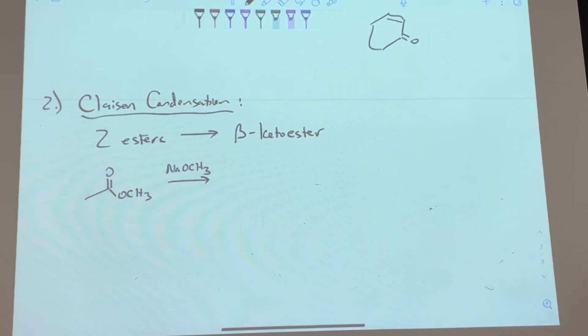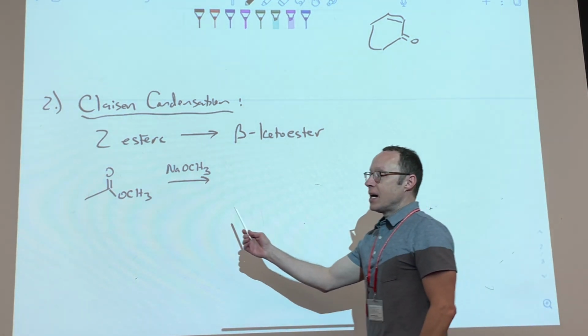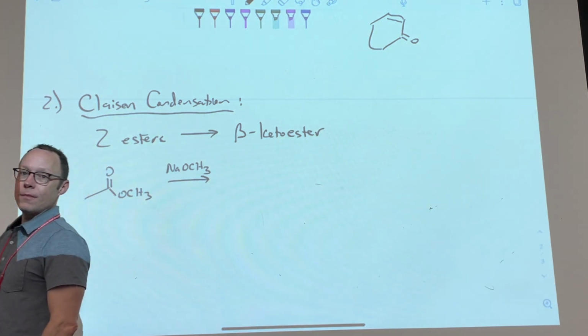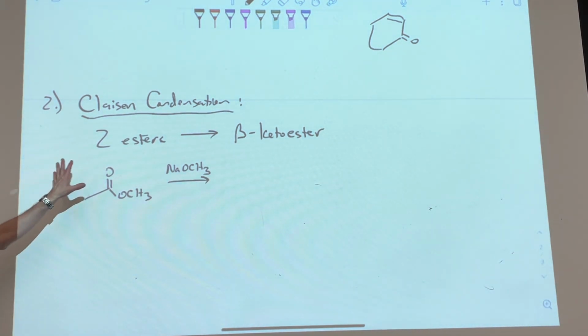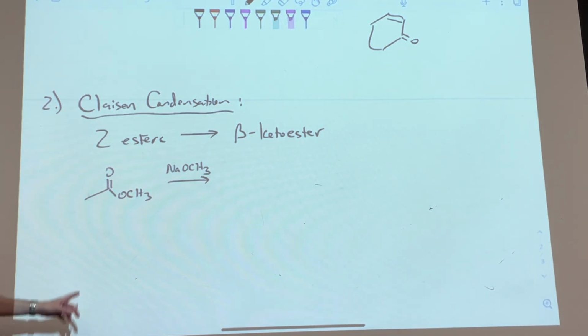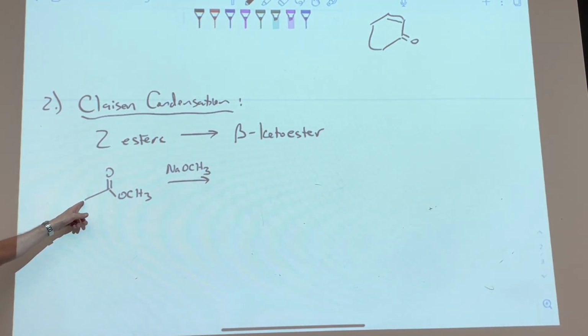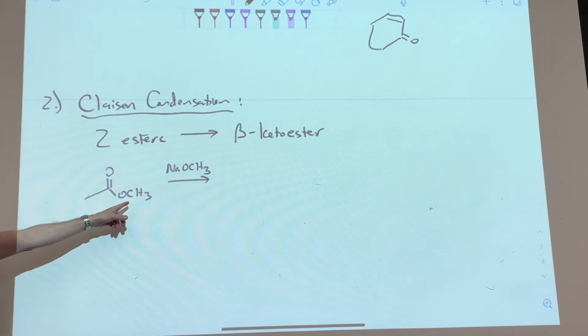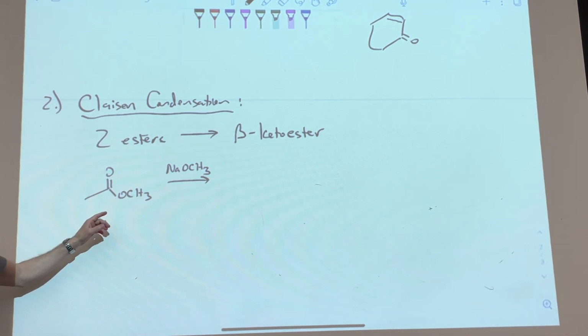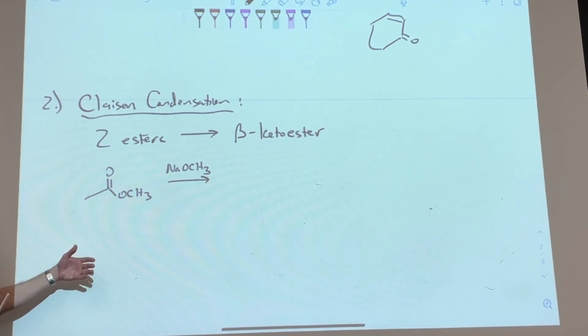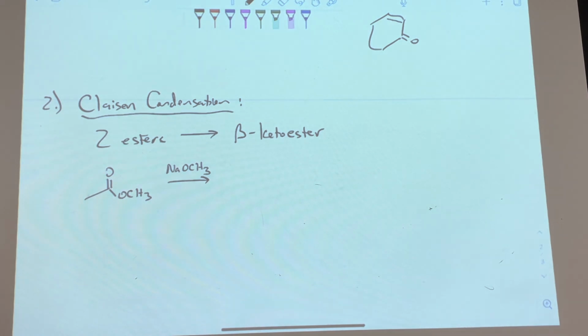Remember, esters are easily hydrolyzed. If I were to take this ester and use sodium hydroxide on it in an attempt to deprotonate the alpha position, you're going to get a whole lot more hydrolysis and making just the carboxylic acid, or technically the carboxylate that way. So it would give you some pretty serious complications.